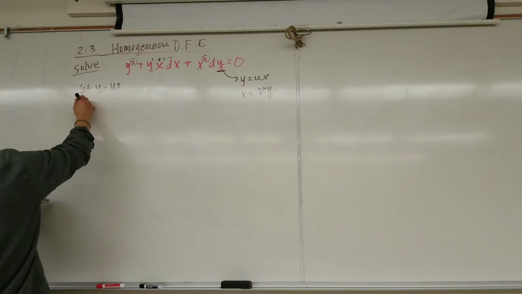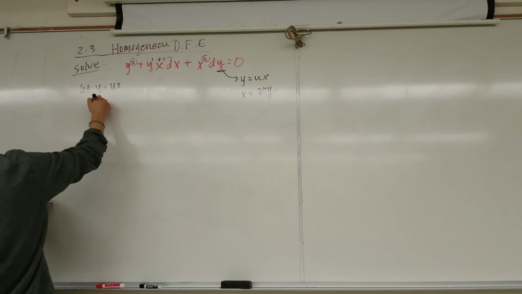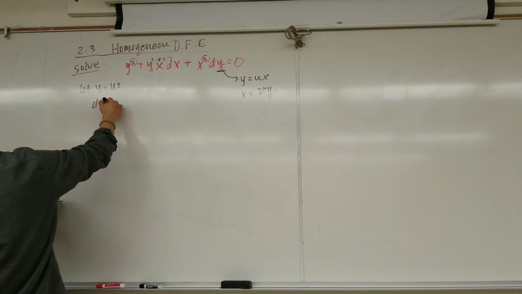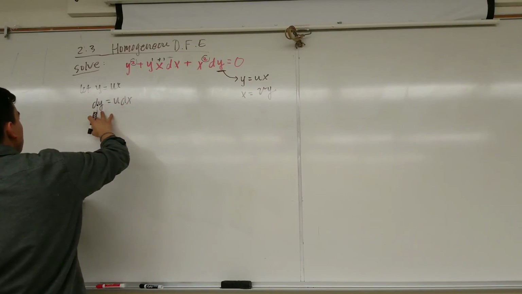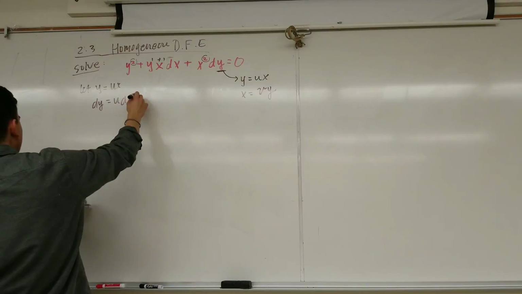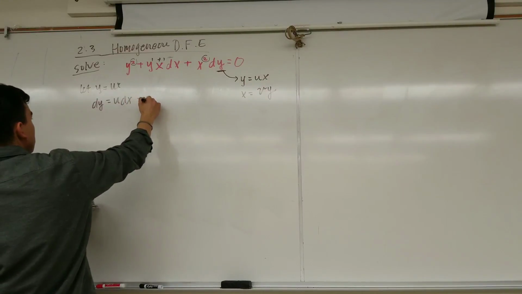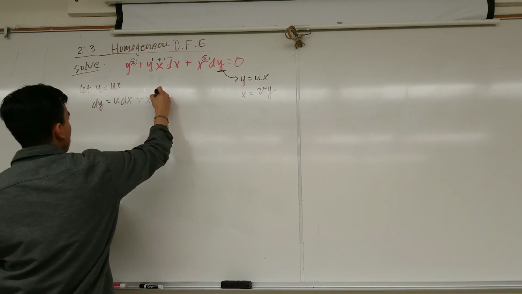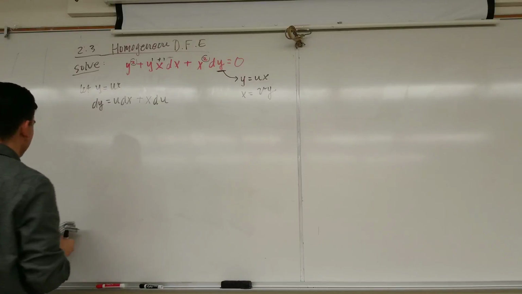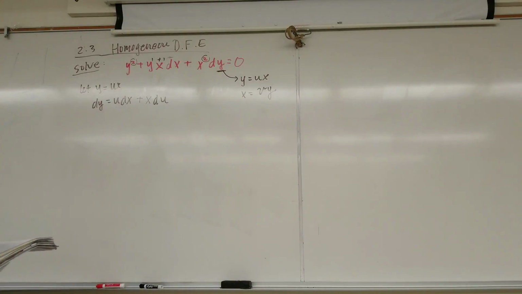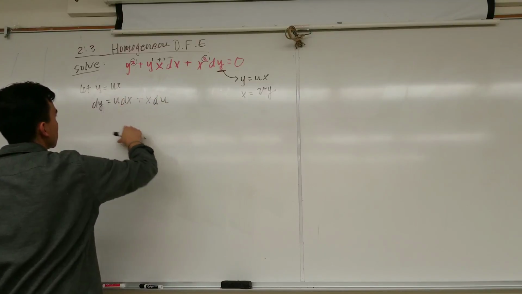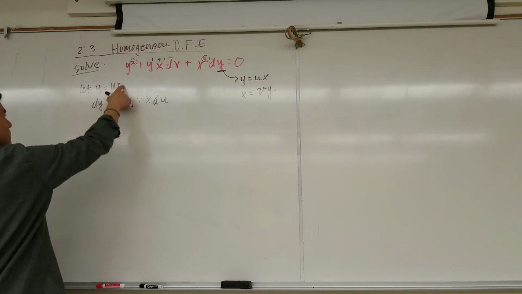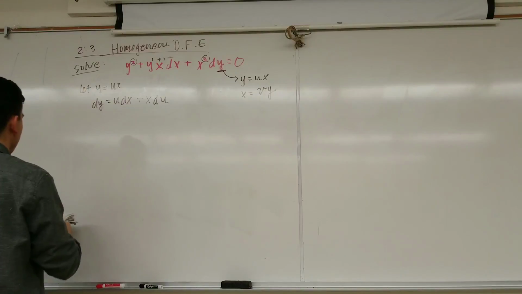Okay, so if we take a derivative of that, we're going to get dy is equal to u dx plus x du. Great. So for our dy, we're going to plug this in, and for our y, we're going to plug in this. Okay?